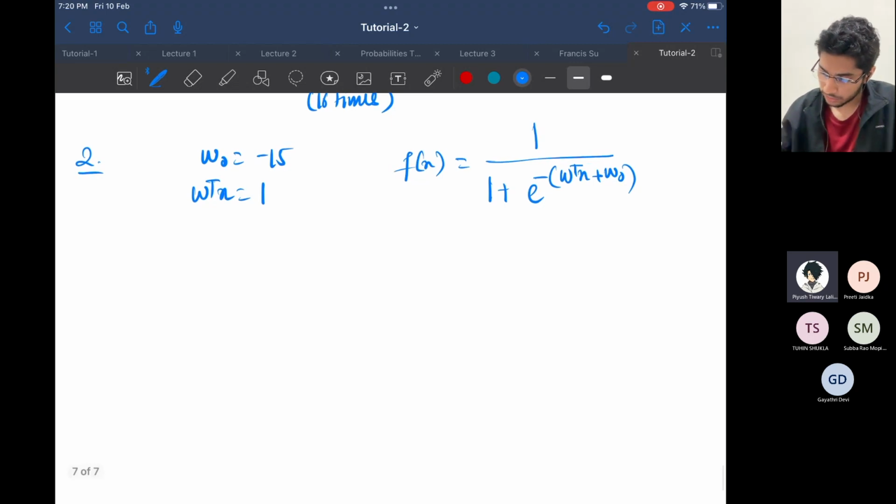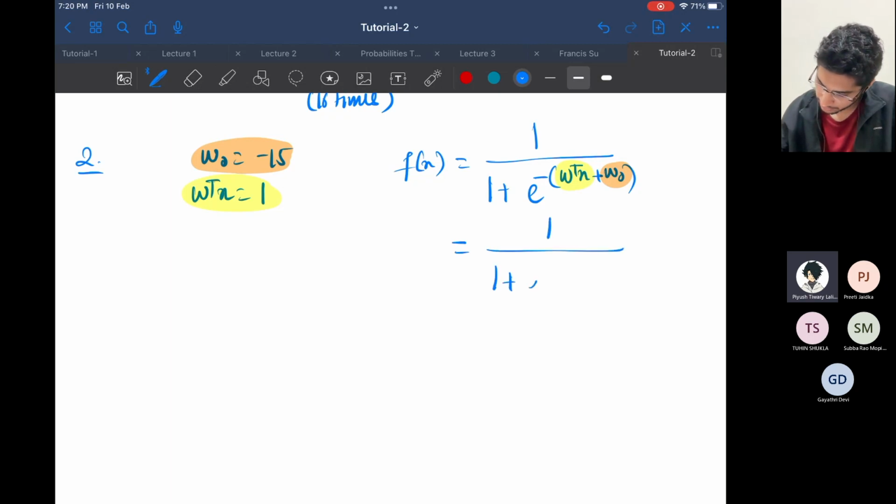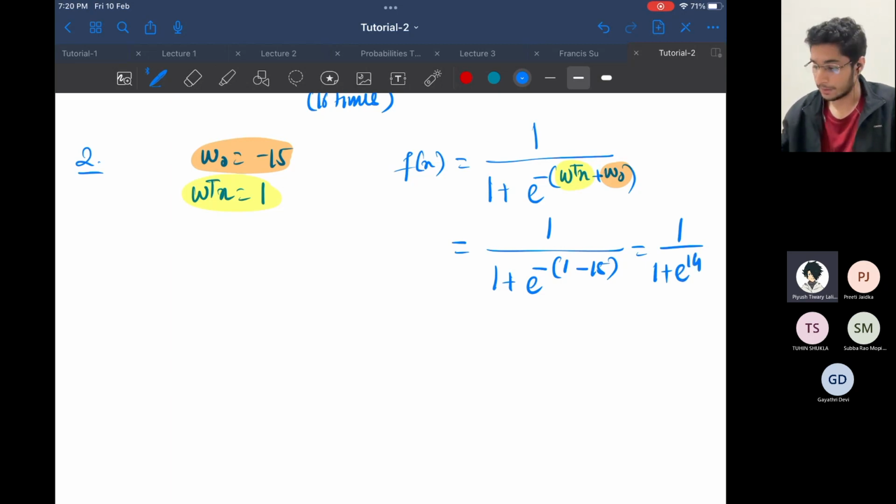So let us see. There are two things required to calculate this. One is W naught, which is given to us, and the other is W transpose X, which we have been given as well. So we can calculate this value. It becomes 1 over 1 plus e raised to minus (1 minus 15), and 1 minus 15 is minus 14, so it becomes 1 over 1 plus e raised to 14.